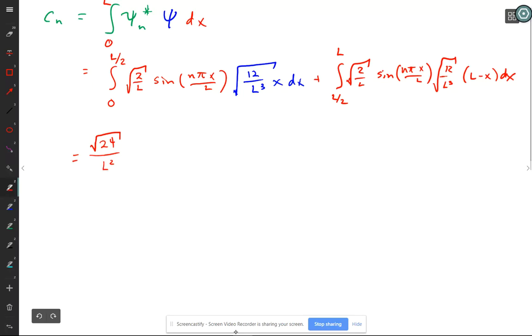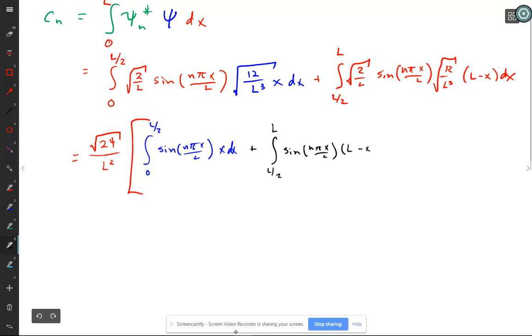And then I have integral from 0 to L over 2 of sine of n pi x over L times x dx plus integral from L over 2 to L of sine n pi x over L times L minus x dx.